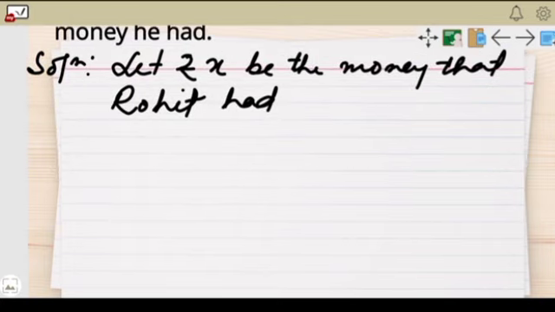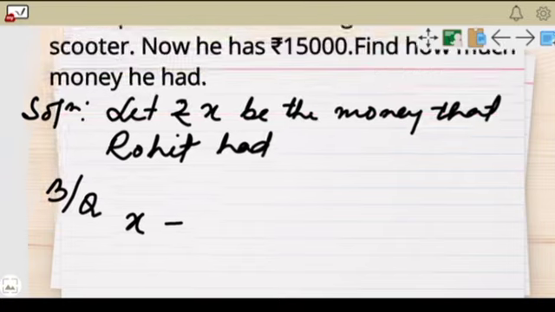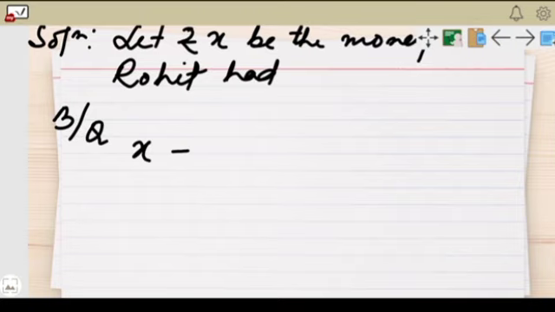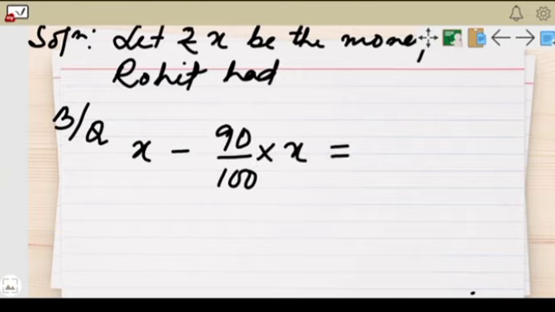Okay, so let's see now. By question, from X he had spent how much, how many percentage, what okay, 90%. Yes, 90% means 90 divided by 100 of his X, and after that the remaining amount is how much? Remaining is 15,000.